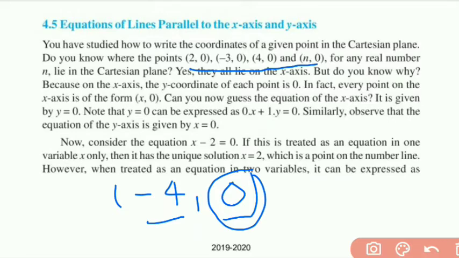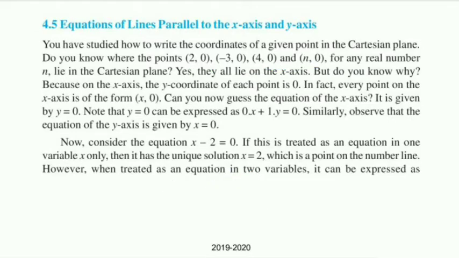Yes, they all lie on the x-axis, but do you know why? It means those coordinates in which the value of y is 0, all those points lie on the x-axis. Why is it happening? This is the question.